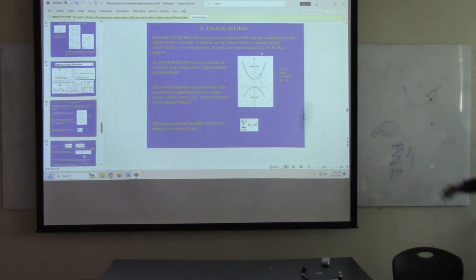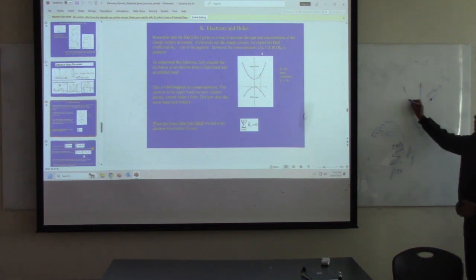What is the sum of this? For any electron here with positive j, you have an equivalent negative j here, right?